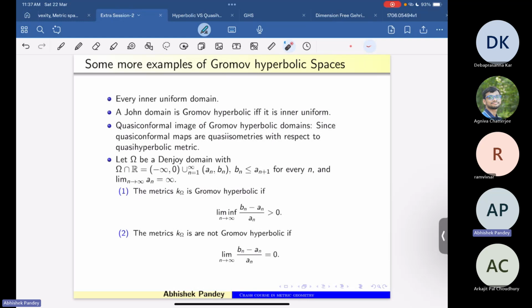A domain is called a Denjoy domain if its boundary is always contained in the real line.